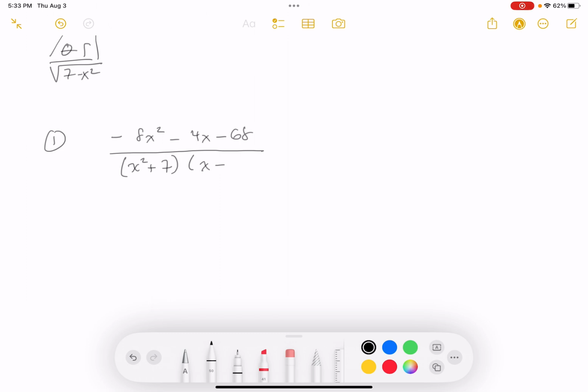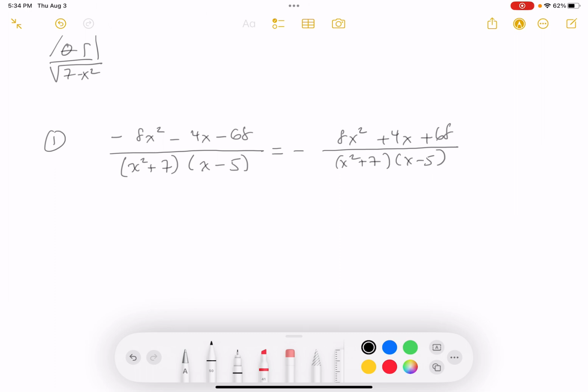X minus 5. And what I'm going to do now is actually factor out a minus 1 to begin with. Let me put that down. So minus, and then you get x squared plus 7, x minus 5. And on top you're going to get 8x squared plus 4x plus 68.